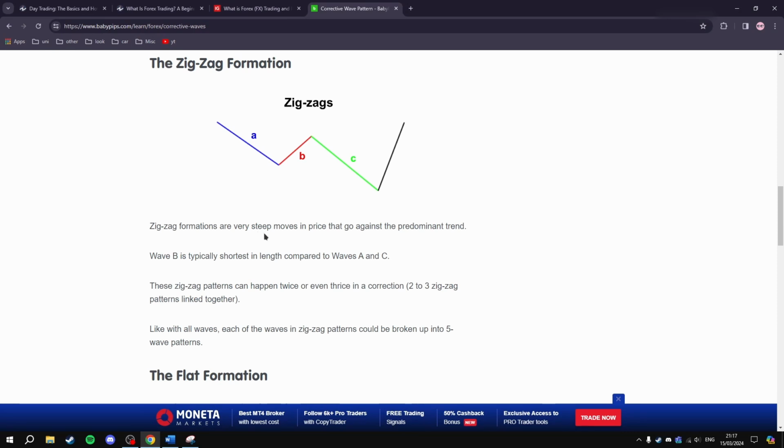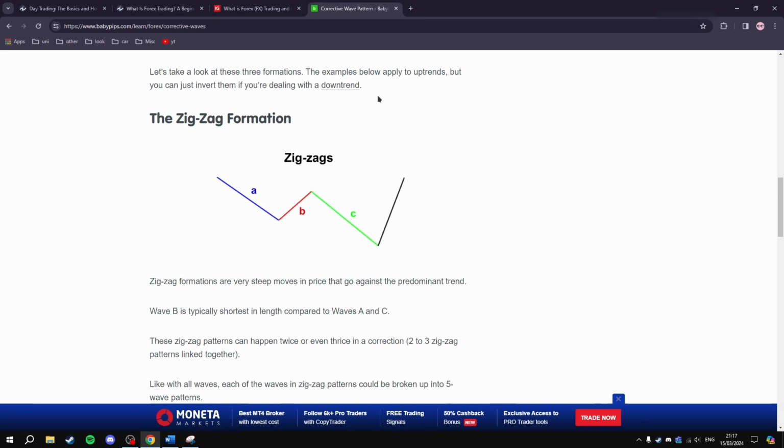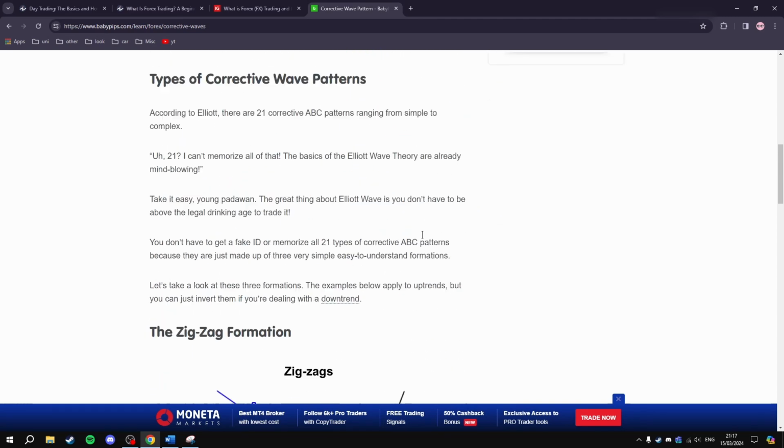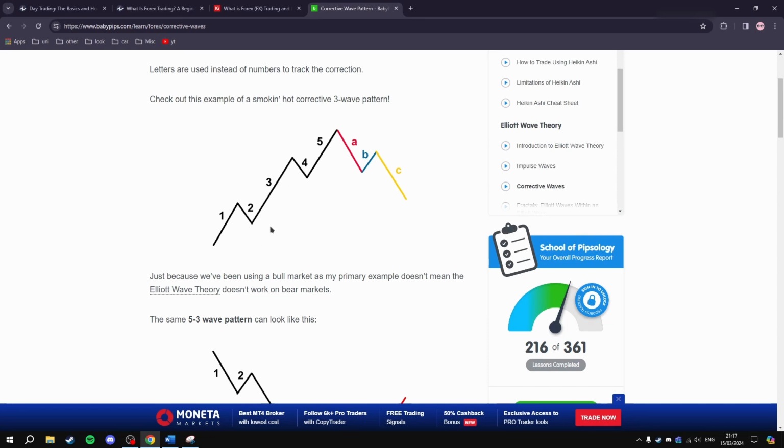Zigzag formations are very steep moves in price that go against the predominant trend. So the examples below apply to uptrends. So this happens after this bit here, after an uptrend.